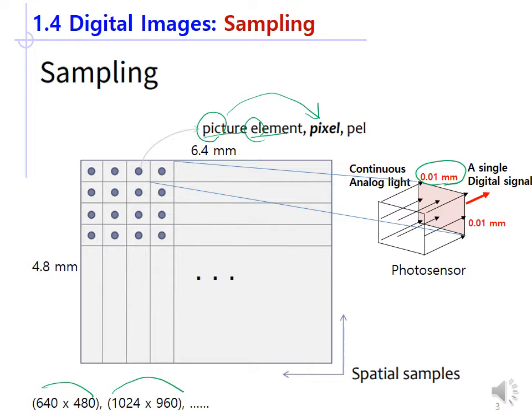So if the CCD chip has 6.4 millimeters in width and 4.8 millimeters in height, there are 640 cells in the row and 480 cells in one column.